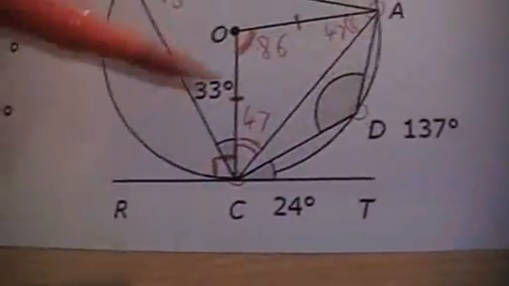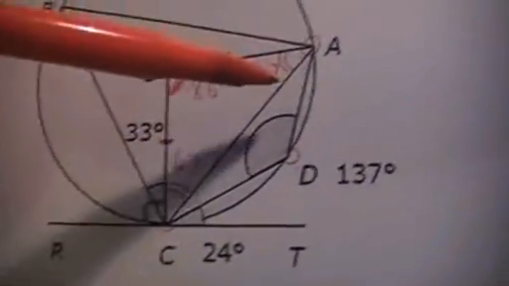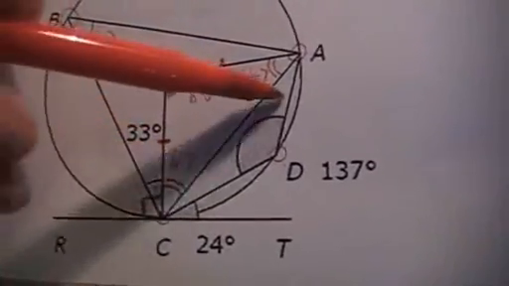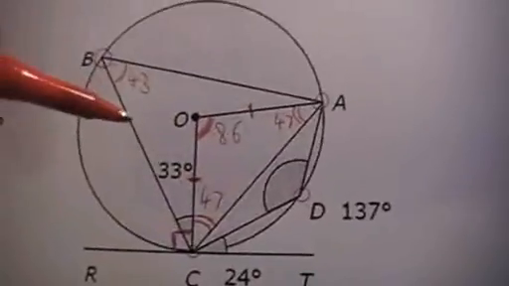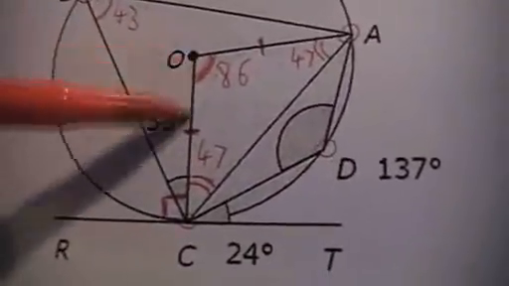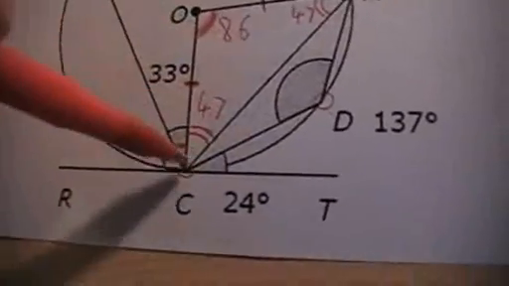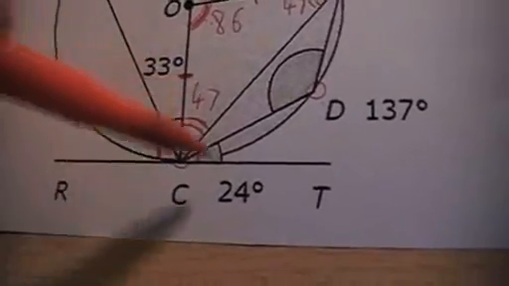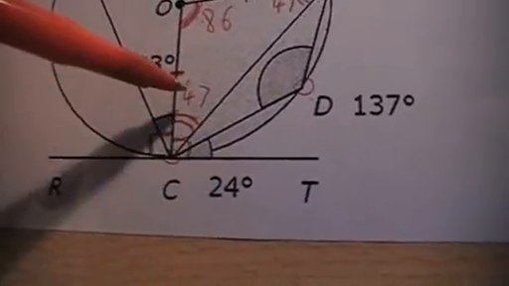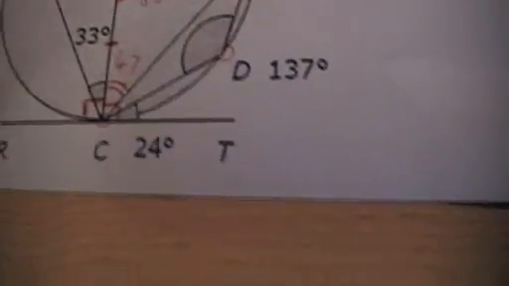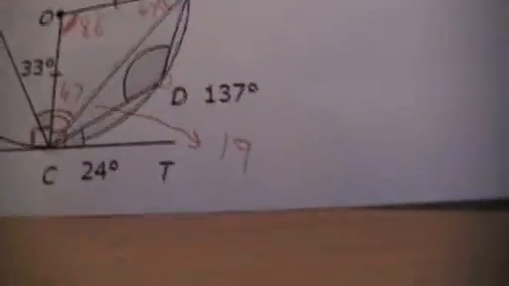Now, it looks here like you'd want to say, oh, both these angles are equal. Don't make that assumption. Never assume in circle theorems. Always just use the rules. Here we've got a radius touching a tangent, so we know this angle is 90 degrees. So 47 and 24 is 71. So we take 71 from 90 and we get this little angle in here as 19.